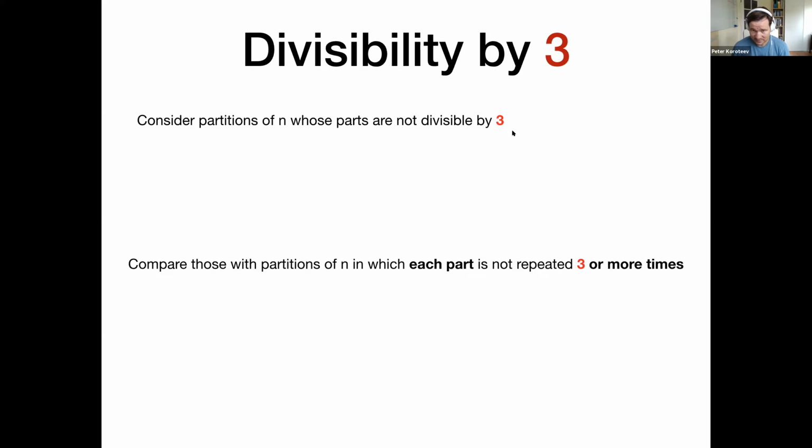And compare those with partitions of n where each part is not repeated 3 or more times, which means that a partition, say 1, 1, 2, 2, 1, is okay because each of those parts is repeated twice, not thrice. So this one is okay, but say this one is not, right? Because a part is repeated 3 or more times.